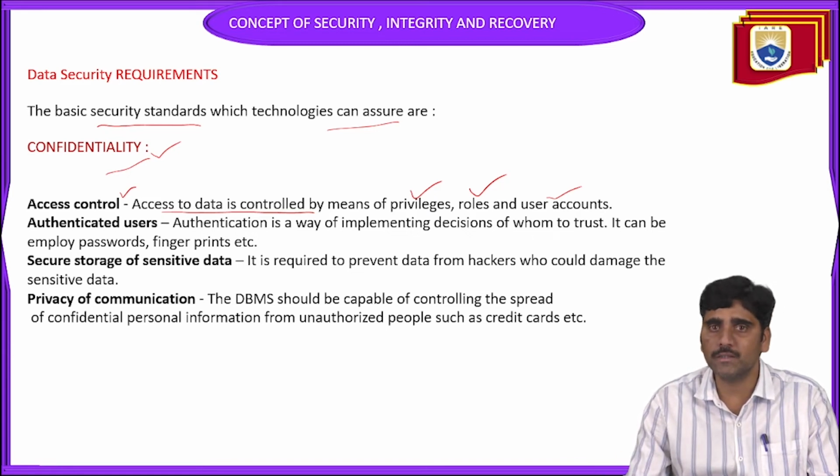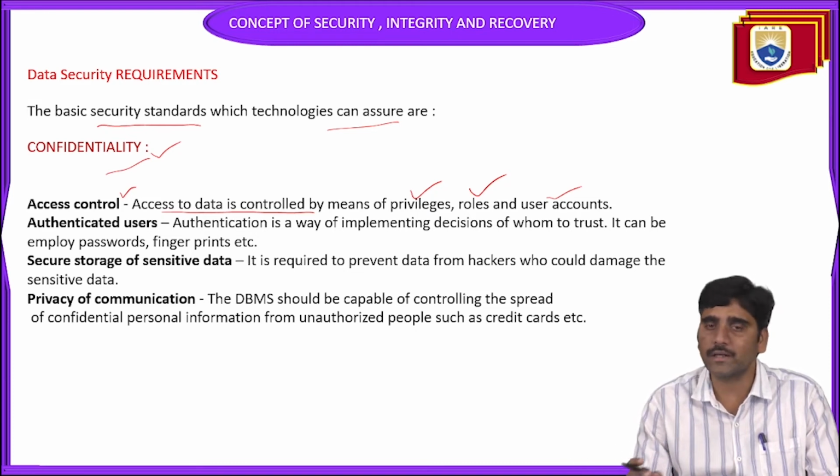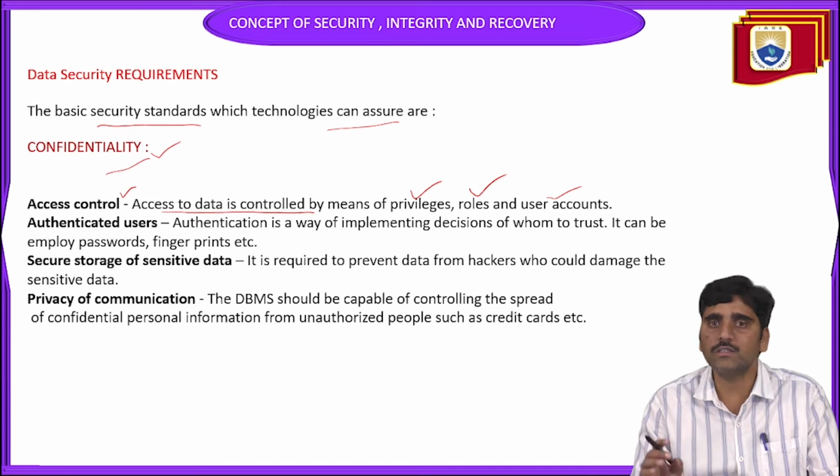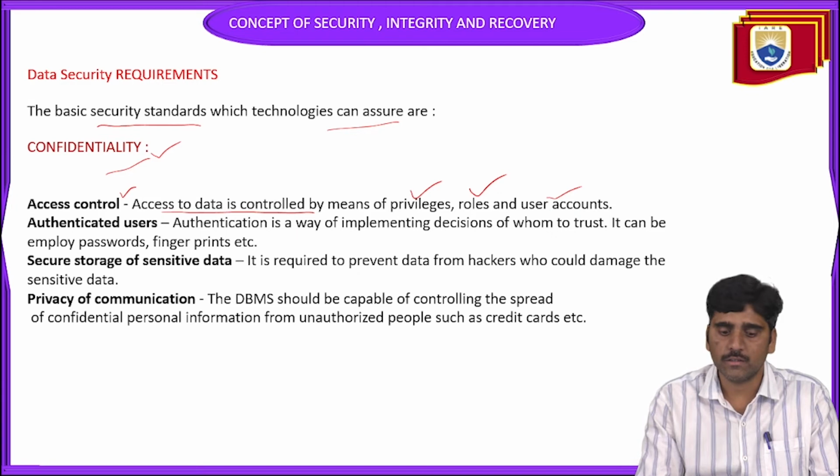Applying permissions to the users: some permissions are denied to the users, and some permissions are applied to the user, so that only those who have permission to access the data can access it. All the persons cannot access the data.